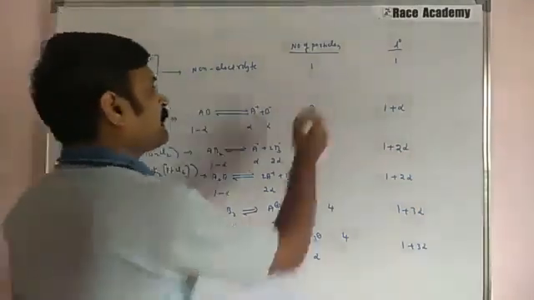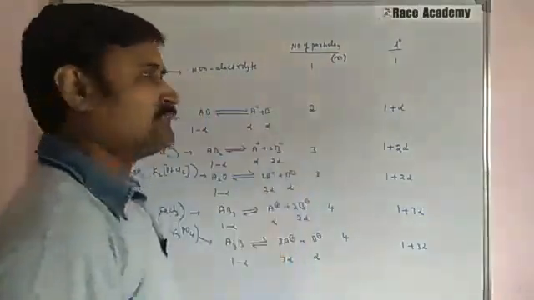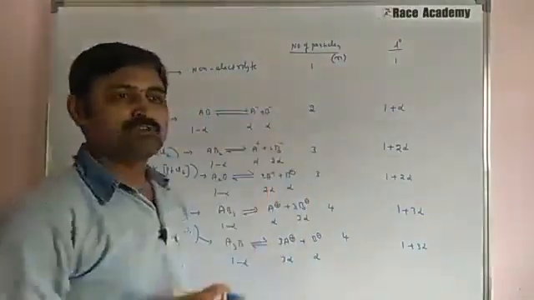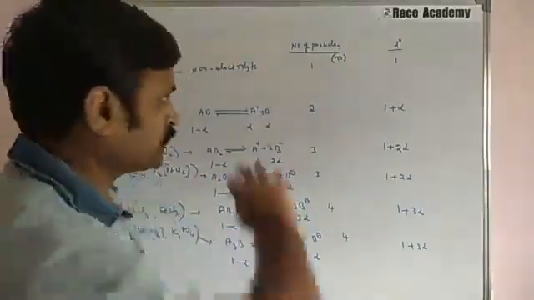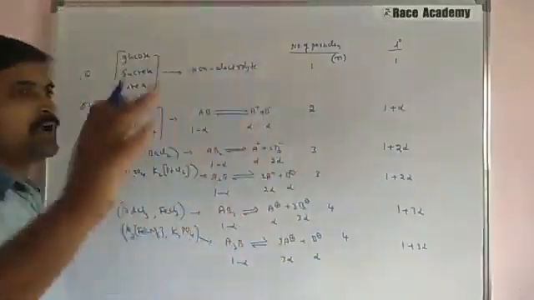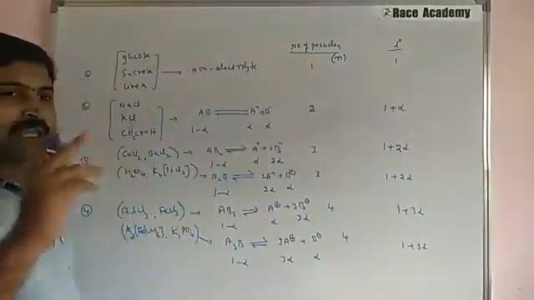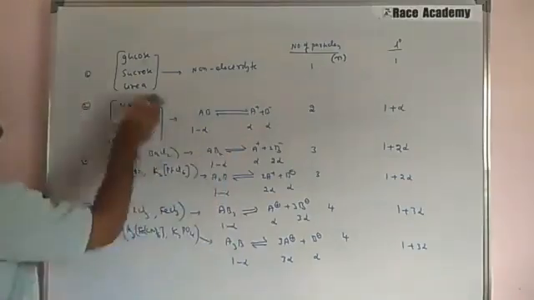That means the number of particles we will use the symbol n, the Van 't Hoff factor symbol i, and the degree of dissociation symbol alpha. The interrelation among n, i and alpha we will apply for a general type of electrolyte. I will show now.